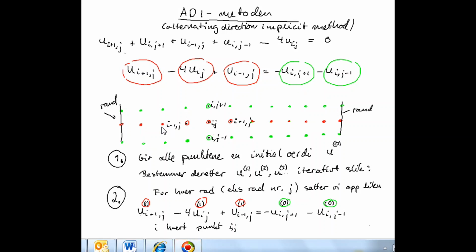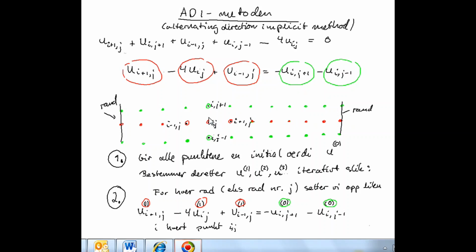So in the ADI method, we consider such an equation in all these points, in this point, in this point, this point, and so on, except on the boundary.